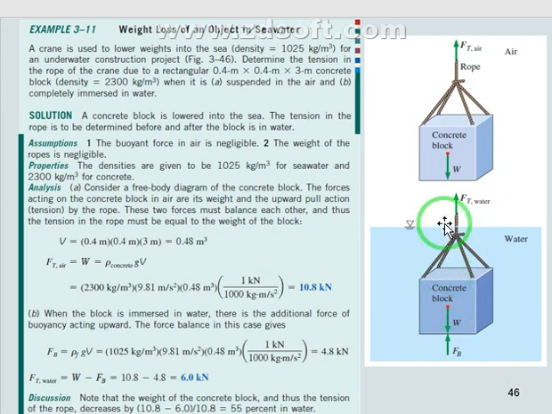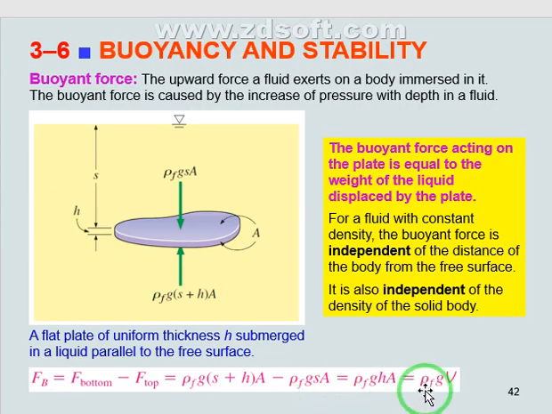Buoyancy force upward. So how can we calculate buoyancy force? By the equation here, it's equal to rho_f times g times V. Rho is not the rho of the solid, it's the rho of the liquid, right? Let me remind you of the concept actually. What is the buoyant force? It's the upward force that a fluid exerts on a body immersed in it.